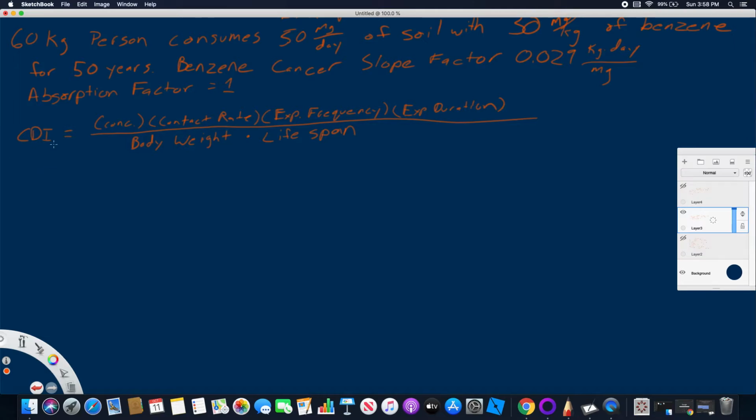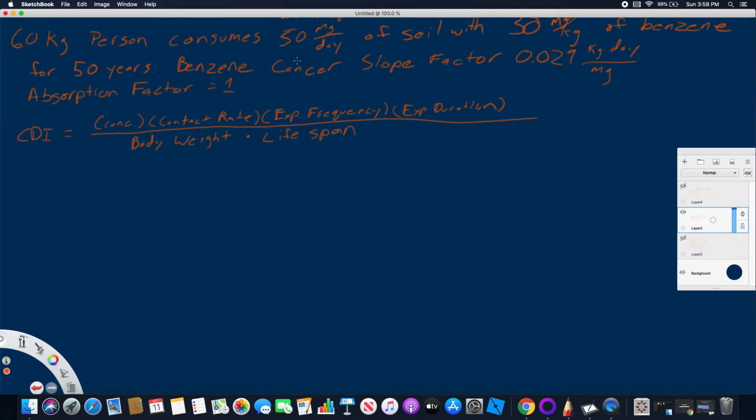Okay, so we have a CDI, your chronic daily intake. This is equal to your concentration, in this case 50 milligrams per day, times your contact rate, which is 30 milligrams per kilogram.